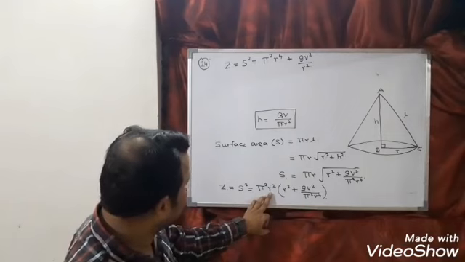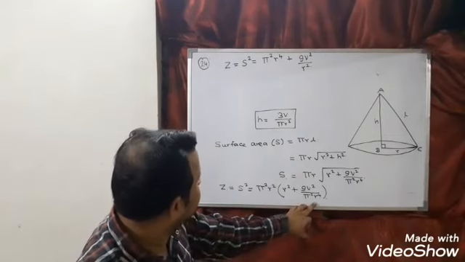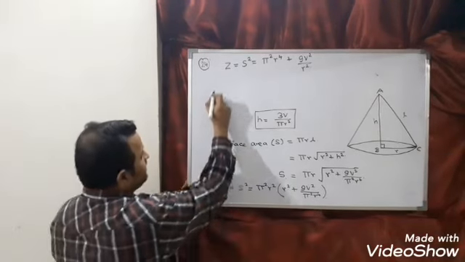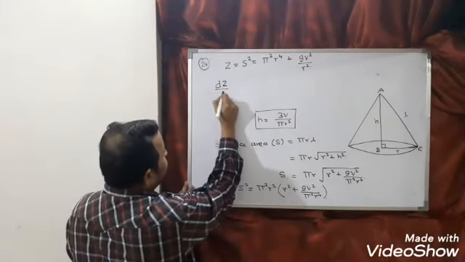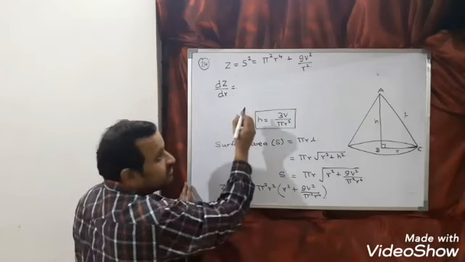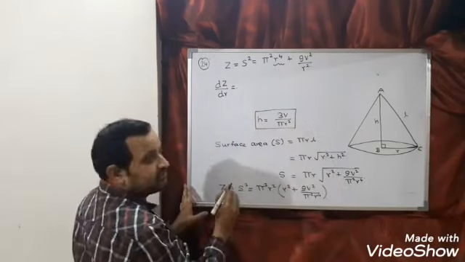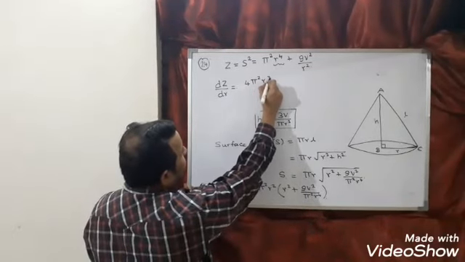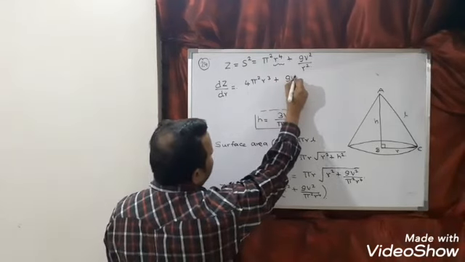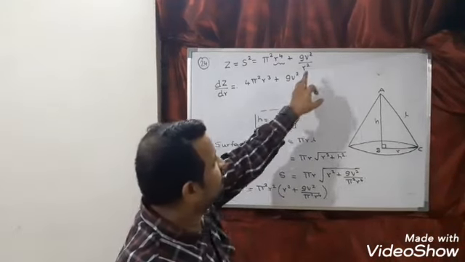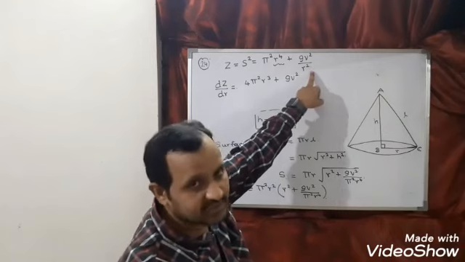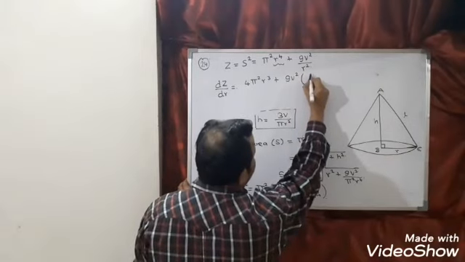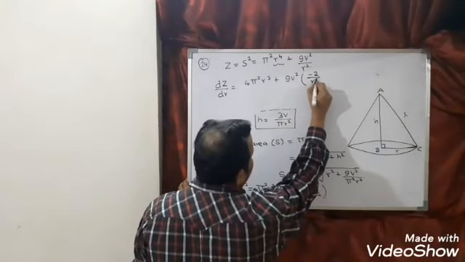Now let us differentiate, so dz divided by dr. What is the differentiation of r to the power 4? 4r cube. So this is 4 pi square r cube plus 9v square. What is the differentiation of 1 by r square? We can write it as r to the power minus 2, so when you differentiate this, you get minus 2 divided by r cube.